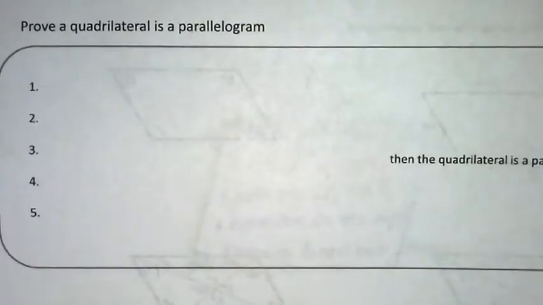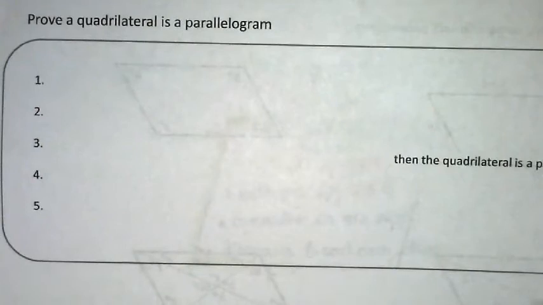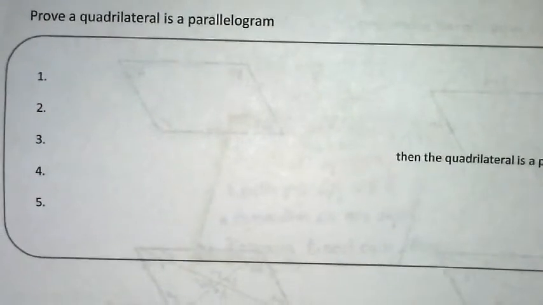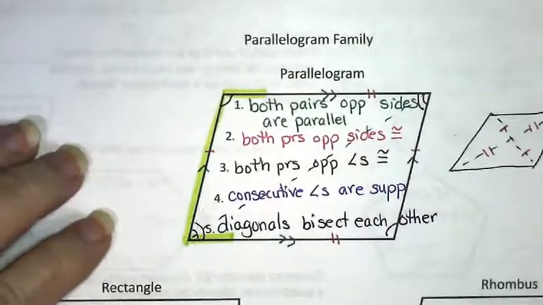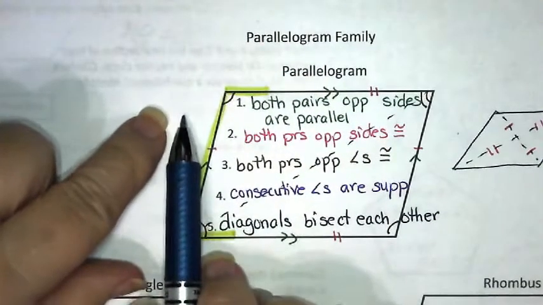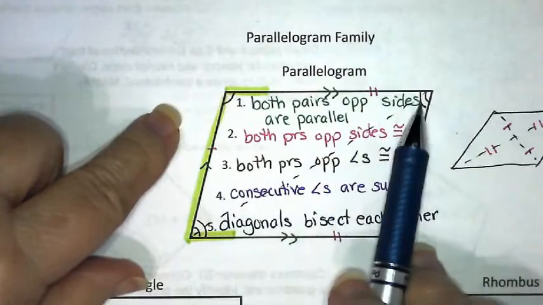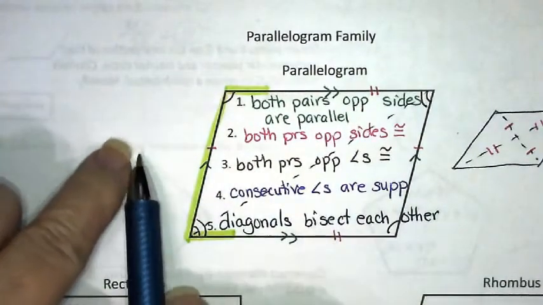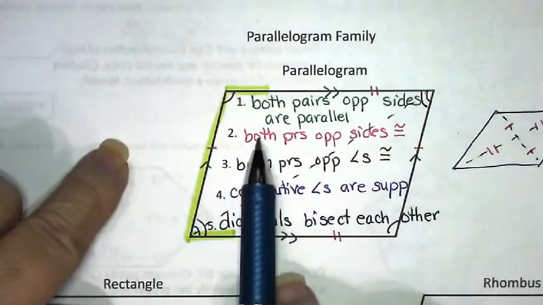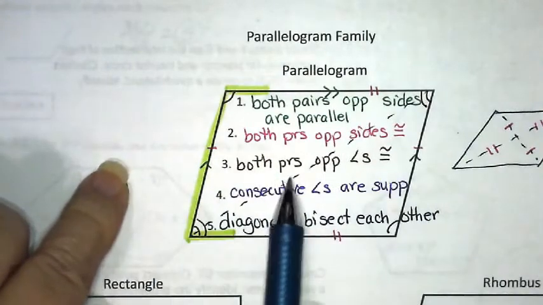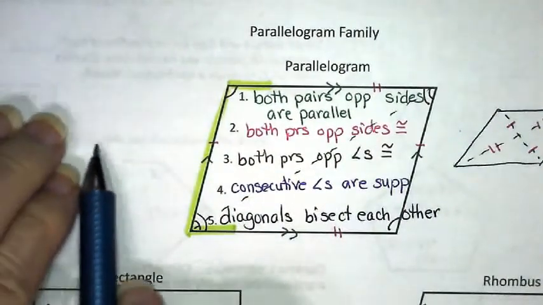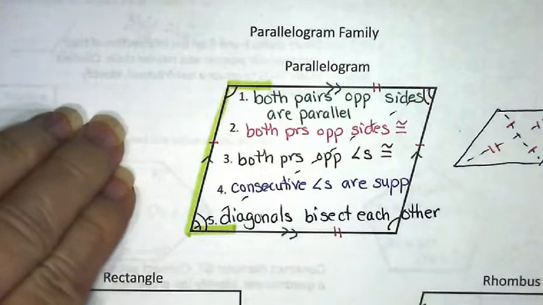Now, a lot of these are going to feel like the same thing I just told you because they're the converse of those rules. The rules I just gave you were, if a figure is a parallelogram, then both pairs of opposite sides are parallel. If a figure is a parallelogram, then both pairs of opposite sides are congruent. So all of these were, if it's a parallelogram, then these things are true.